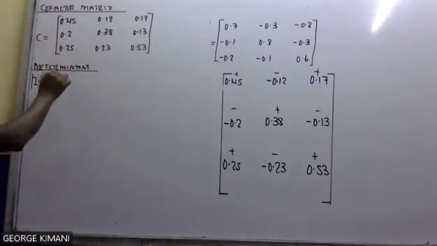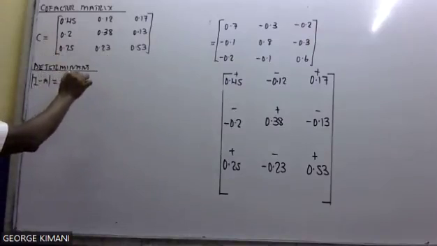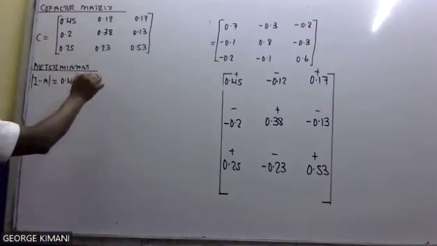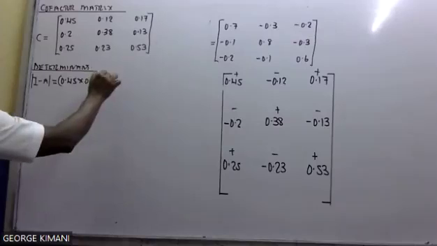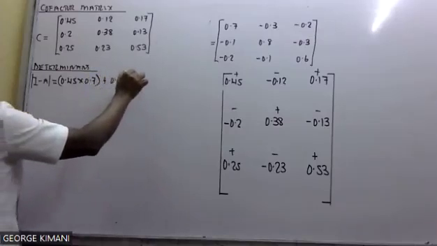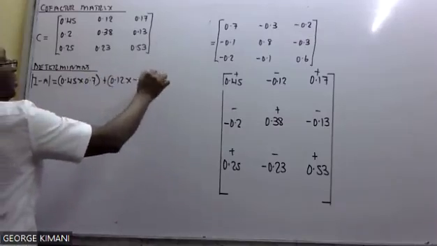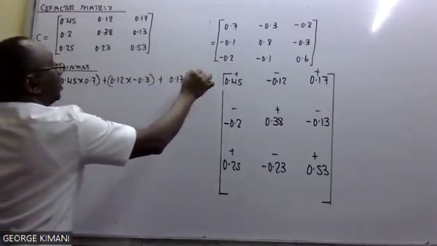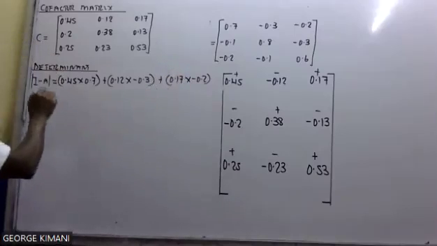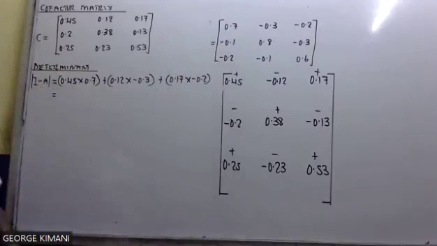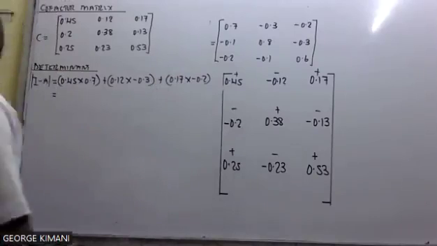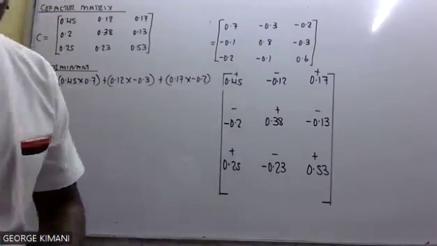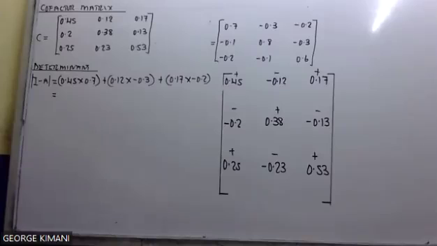So we're going to call it 0.45 times 0.7 plus 0.12 times minus 0.3 plus 0.17 times minus 0.2. Now the answer you get, you compare: you take any other row or column and check whether they're the same.